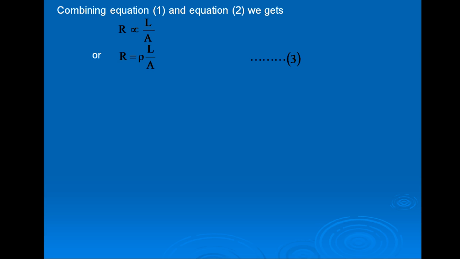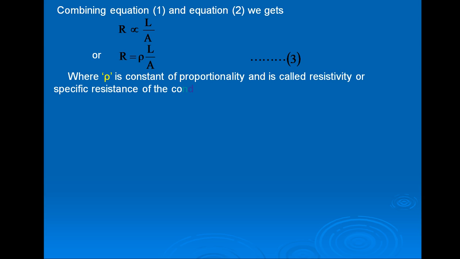Put this as equation number 3, where ρ is the constant of proportionality and is called the resistivity or specific resistance of the conductor. It depends upon the nature of the material and the temperature of the material.